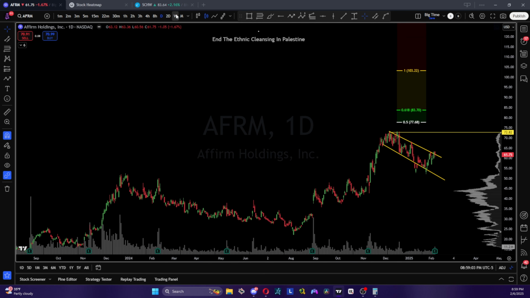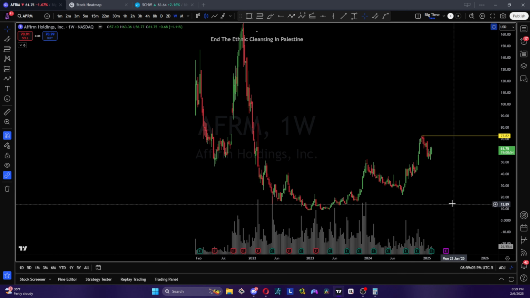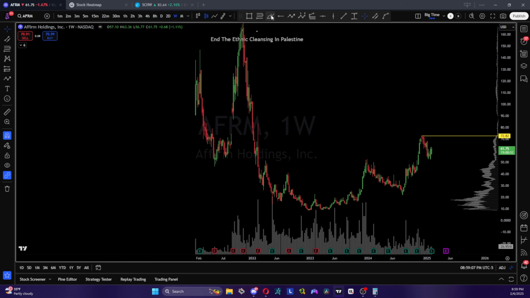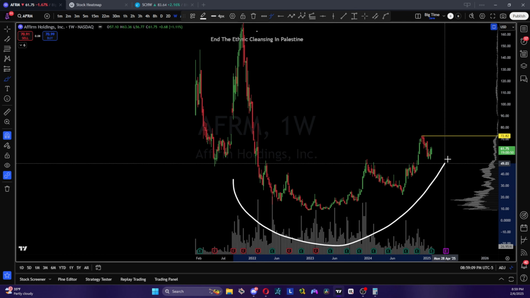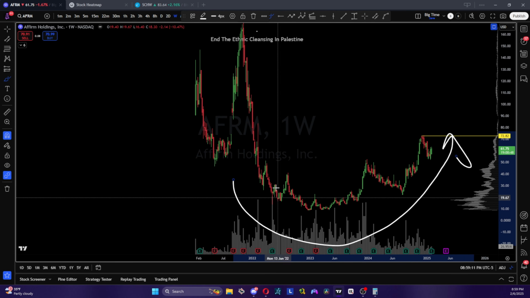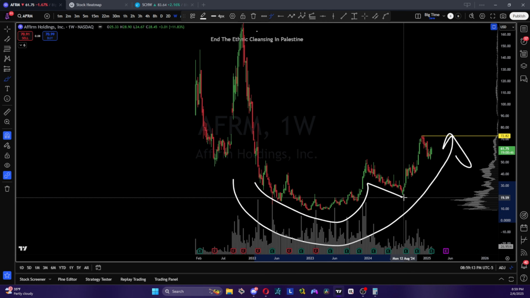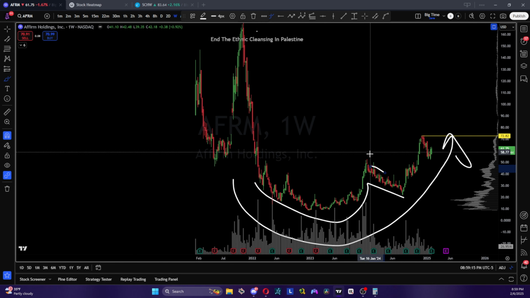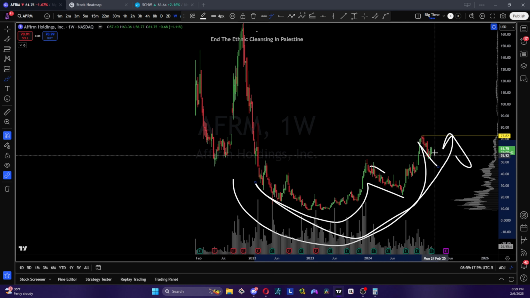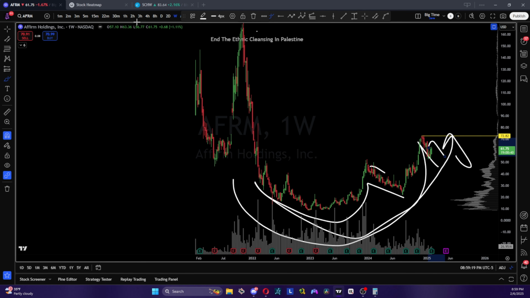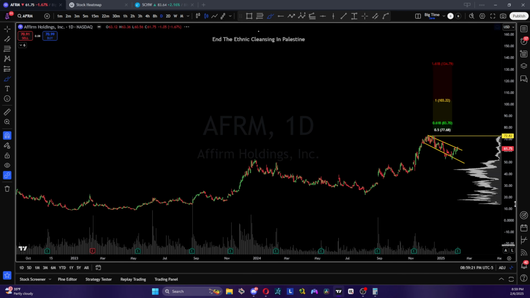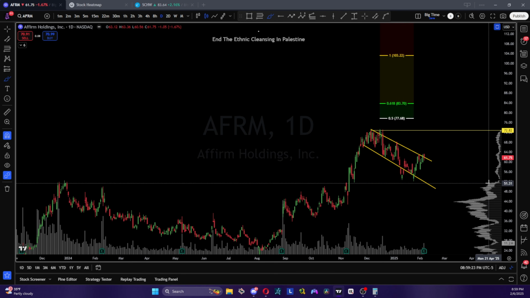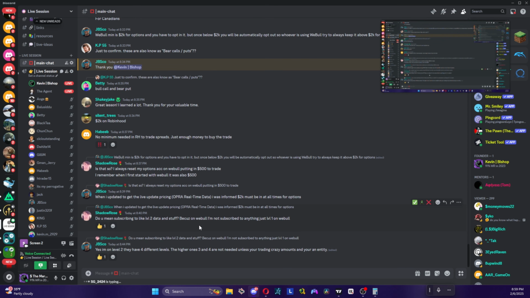And if I go to a weekly chart, you could tell it has one of my favorite patterns here, which is the ascending scallop. And between those points, you have cup and handles, right? You have multiple cup and handles, no matter what way you look at it. So there's multiple patterns heading into Affirm's earnings. So that's how I trade earnings, simply put.